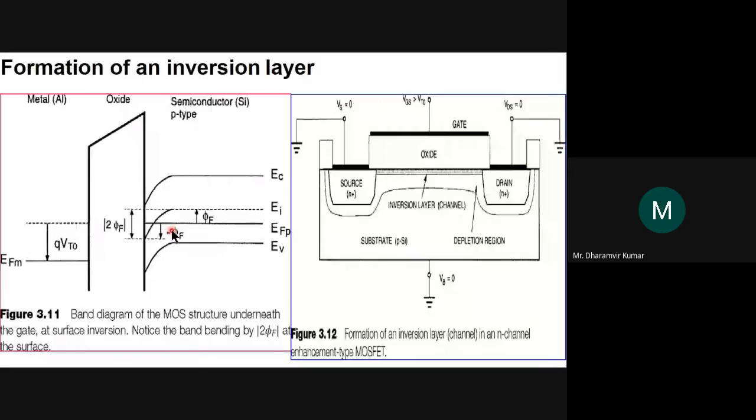Hence the difference between the internal Fermi level and the Fermi level of the p-type substrate becomes phi f plus phi f, a value of 2 phi f in magnitude.